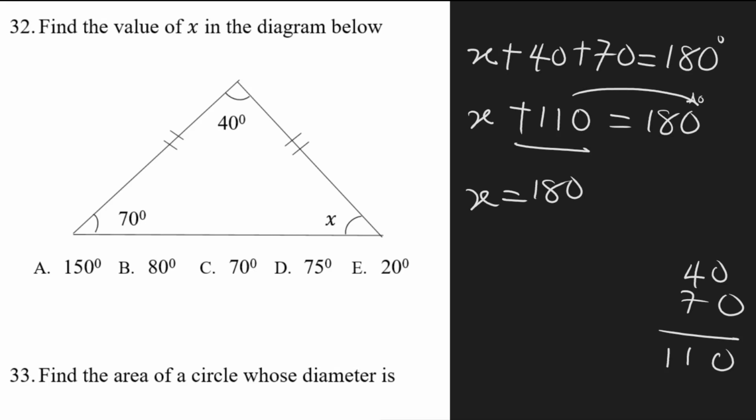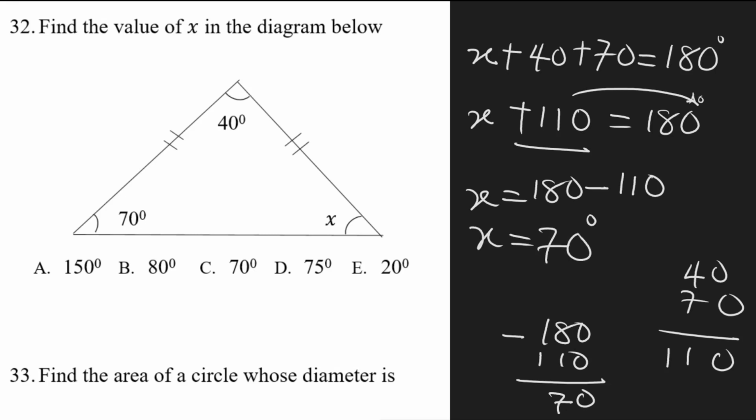Once it moves to the other side, it's going to be minus what? 110 degrees. So let's subtract 180 degrees minus 110. 0. 8 minus 1 is 7. So 1 minus 1 is 0. So our answer x is equal to what? 70 degrees. So let's check our options. The answer is C. Let's move to the next question.